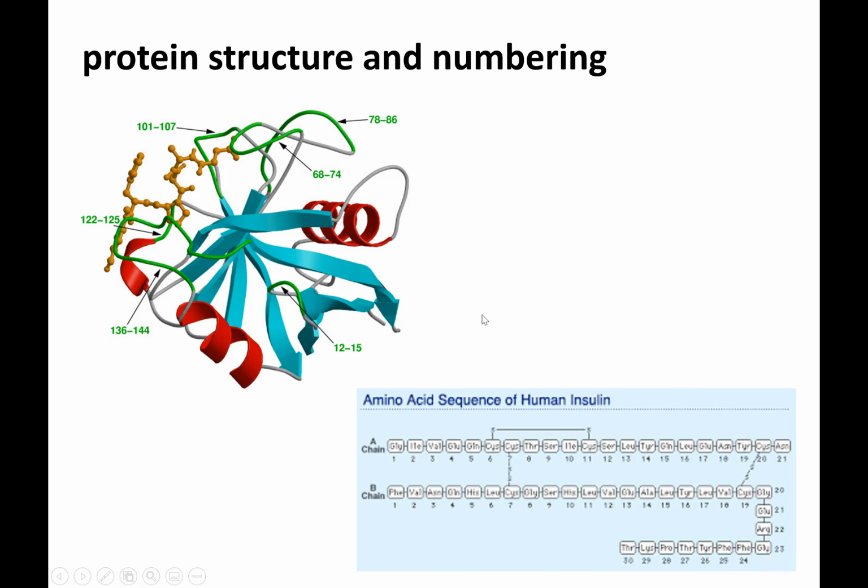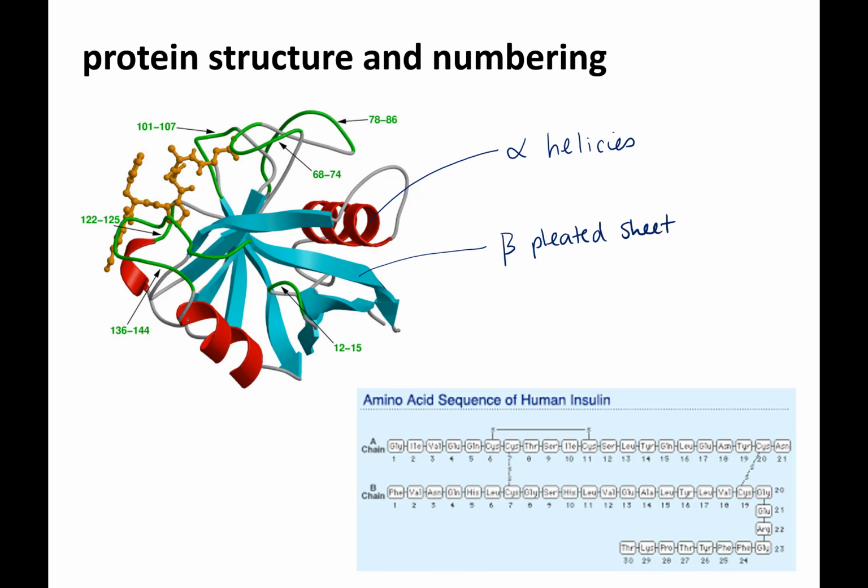Okay, so this paper is all about proteins, protein structuring, and numbering. So I just want to give you a little bit of a reminder about protein structure. In red here are shown alpha helices. This is just part of the secondary structure of a protein. These ribbons represent beta-pleated sheets, another type of secondary structure.